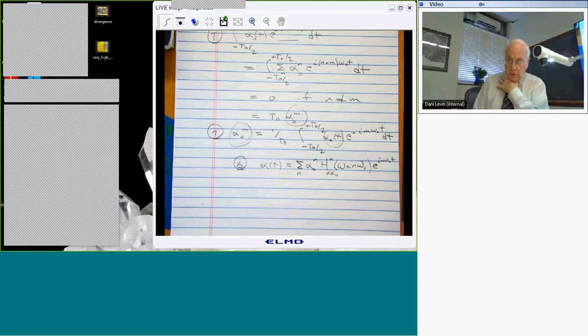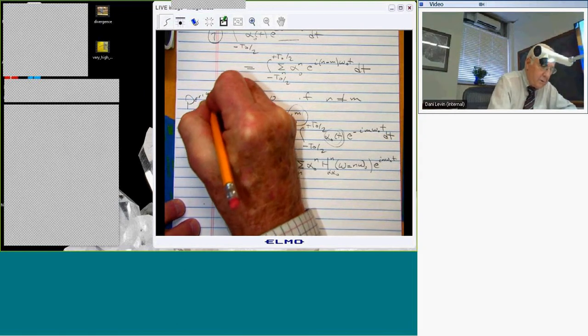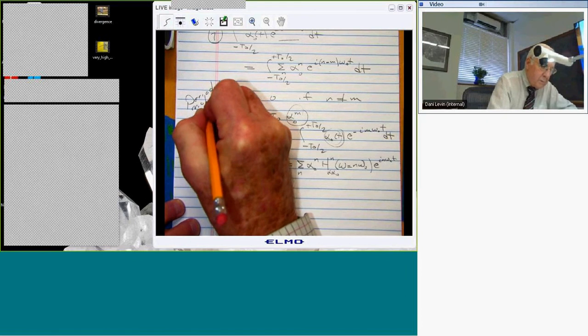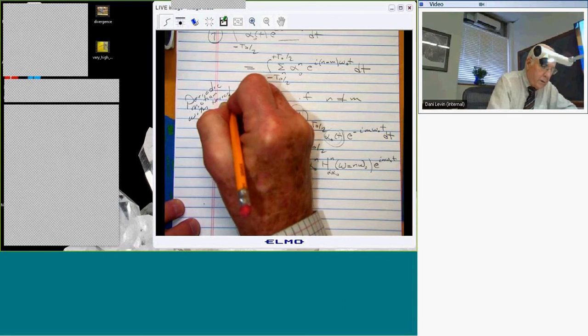And this works for any periodic motion which has a certain period T naught. So this immediately allows us to go from simple harmonic motion to more general periodic motion. And now the next thing we want to do is allow the period to go to infinity, because then the motion doesn't even have to be periodic. It can be any old motion we like, right? So this is periodic motion with period T naught.